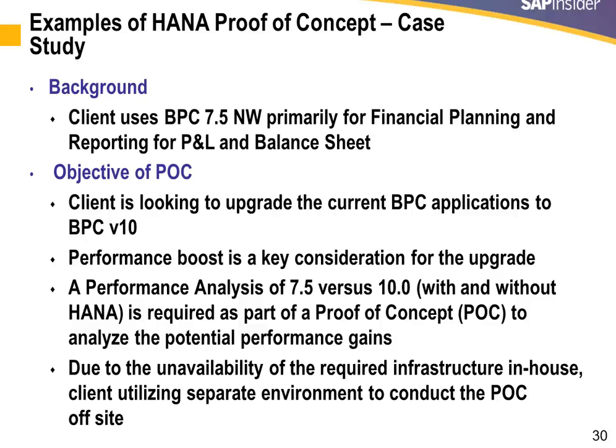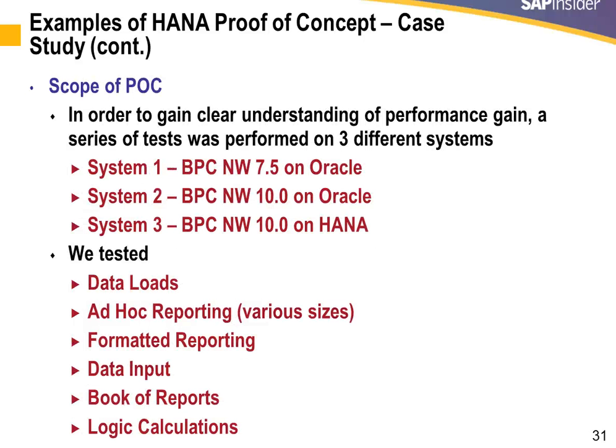We took their system, installed it in our lab, performed the upgrade, and migrated to HANA. The next couple of slides show some of the results that came back and how there really was a dramatic difference across a lot of the things they were measuring by putting it on HANA. The interesting thing on slide 31 is that you ran scenarios of 7.5 on Oracle, 10.0 on Oracle, and 10.0 on HANA, so you had different environments to benchmark against each other.